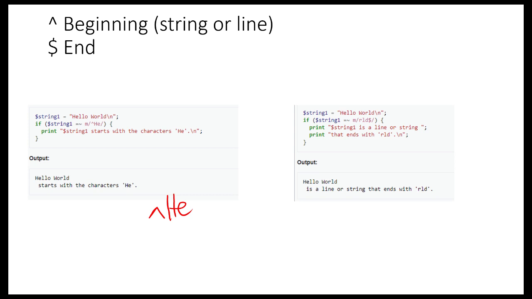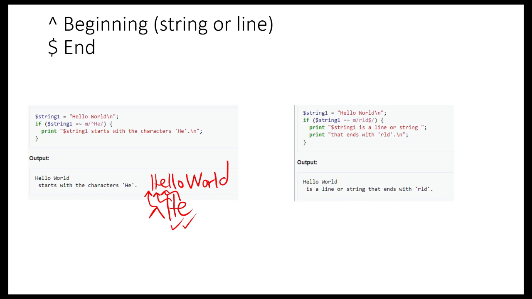This expression doesn't really run very long because it says hello world. And so the caret checks the beginning of the line. And then it says, is the next character a capital H? Which it is. Is the next character an E? Which it is. And then we've concluded the end.